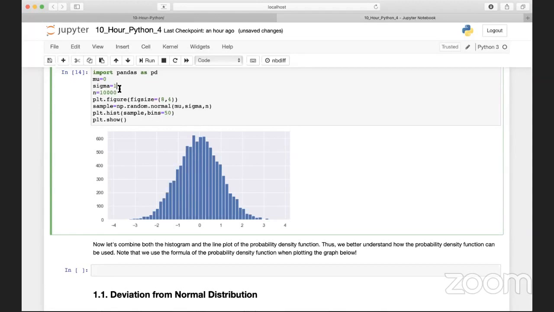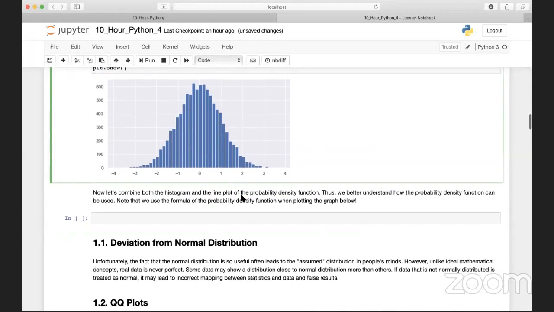Okay, great. So I have standard normal distribution here. My mean, the average value, is 0, and standard deviation is 1, and I have a symmetric distribution here, right? Symmetric shape. All right.